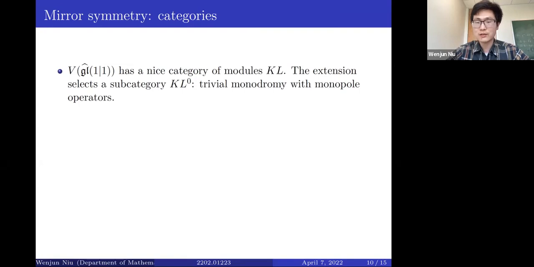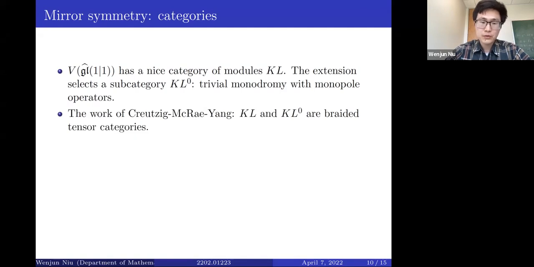It's defined by the category of modules with bounded conformal weight. On this category, it's easier to verify that it's a braided tensor category because you have this bounded below weight restriction. And this extension by monopole operators selects a subcategory, defined by having trivial monodromy with monopole operators.